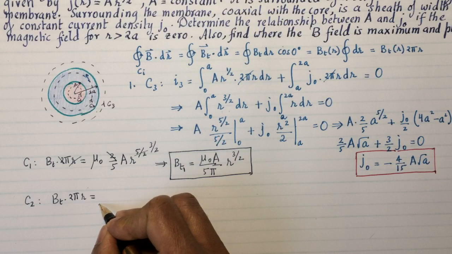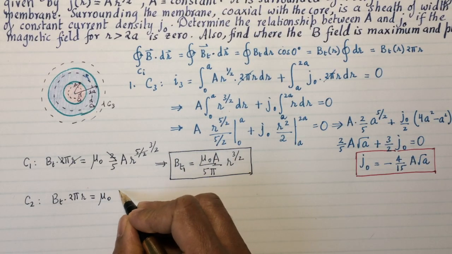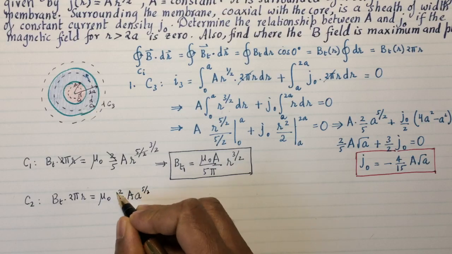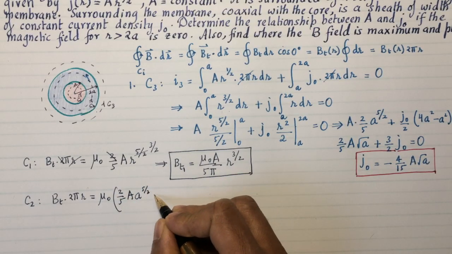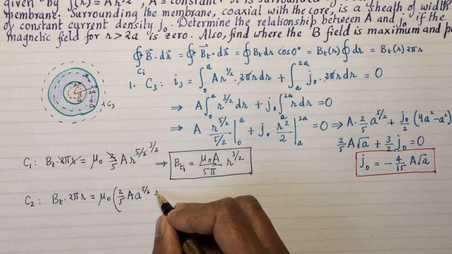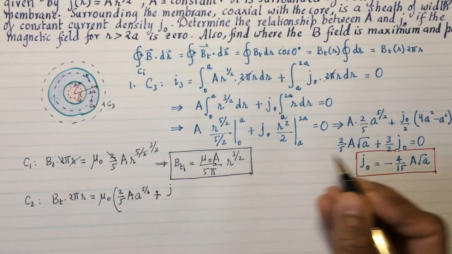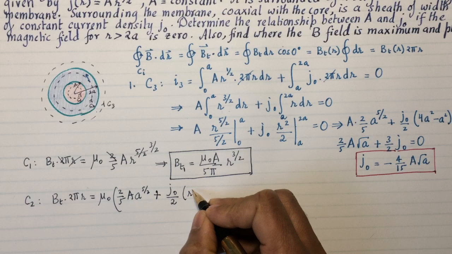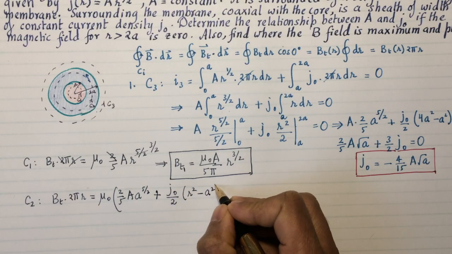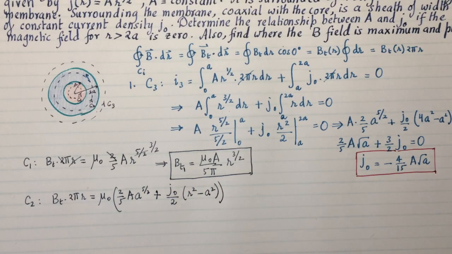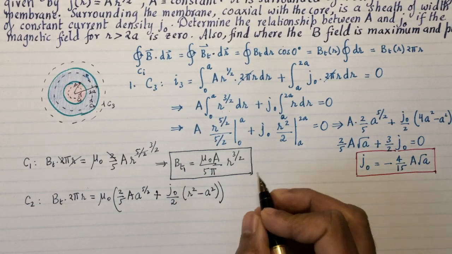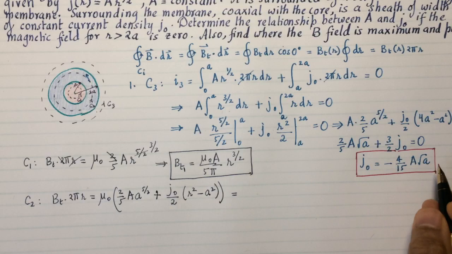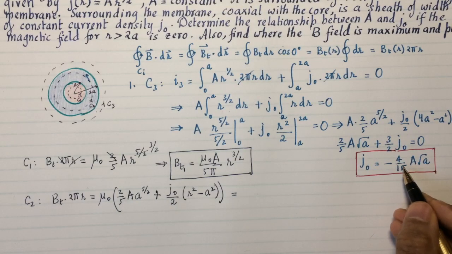So I just have mu naught 2/5 a to the 5 halves plus j naught over 2. I'll substitute for j naught after this. R squared minus a squared. So that's the expression.